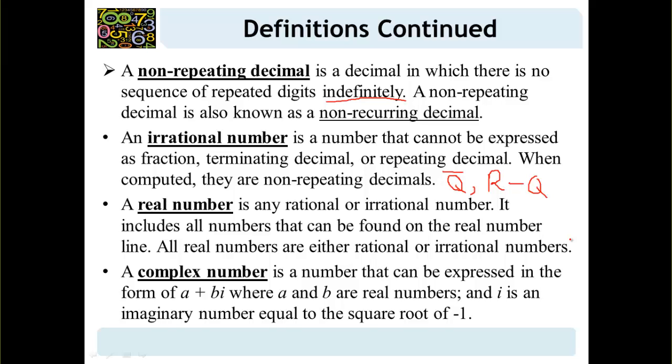It includes all the numbers that can be found on the real number line. If you remember the real number line, 0 separates the positive numbers from the negative numbers. To the right of 0, you have the positive numbers. And to the left of 0, you have the negative numbers.